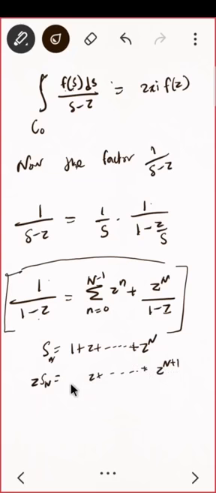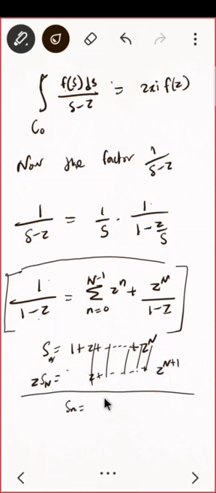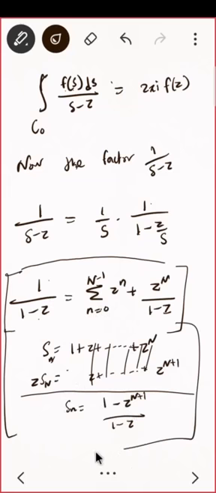Correct? So if you subtract them, everything gets cancelled. I'll be having the first and last term, so your S n is 1 minus z raised to n plus 1, upon 1 minus z. So this is your S n. To write this thing, I am not using any Taylor expansion.